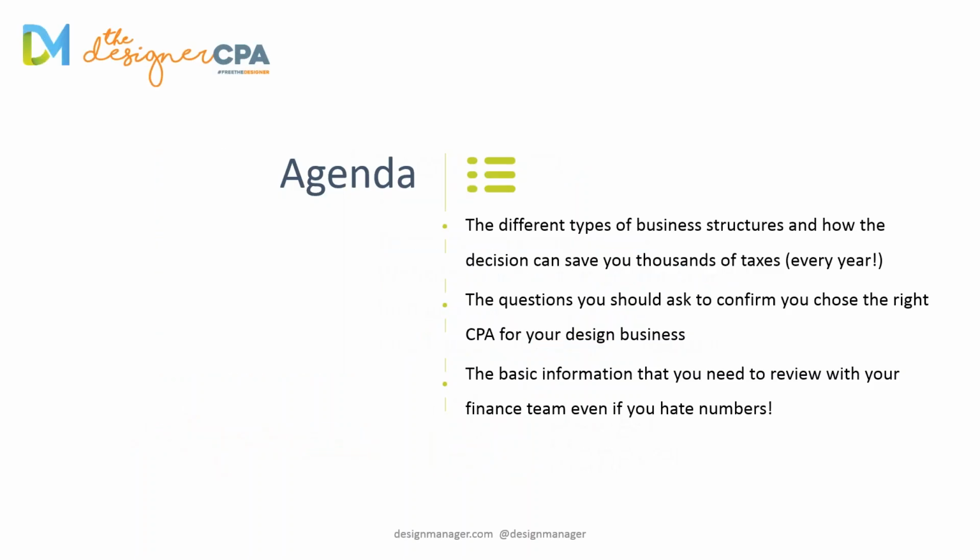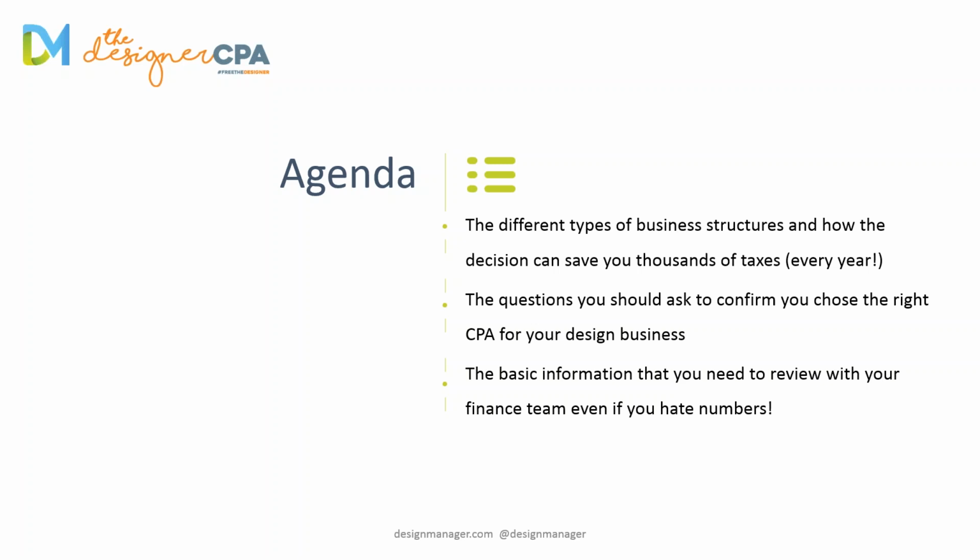So we are going to try to keep this as light as possible. But it's also important for us to give you the information that you need so that you can continue or grow your business financially and achieve your financial goals.